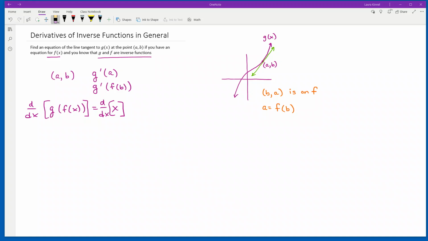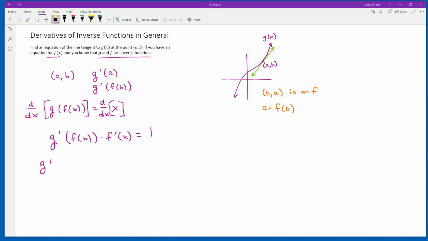So d dx of G of F of X is G prime of F of X times F prime of X. And d dx of X is just 1.